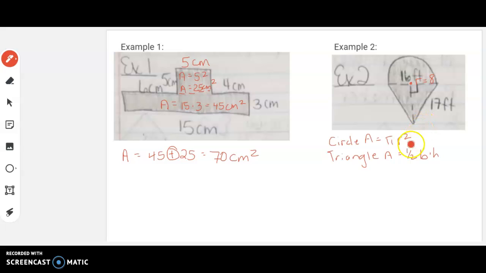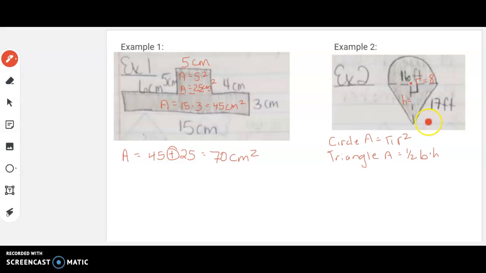Then for my triangle, I need the base. That's the 16, but I need the height. I need to find this length. Since it forms a 90-degree angle, I have a right triangle, and they told me that the hypotenuse is 17.